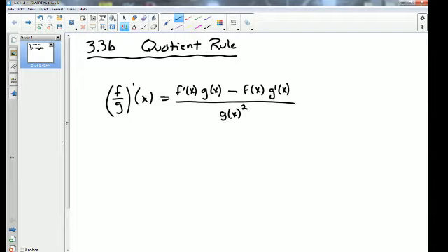But here's the little saying: low D high, derivative of high, minus high times D low, right? High D low, over the square of what's below.